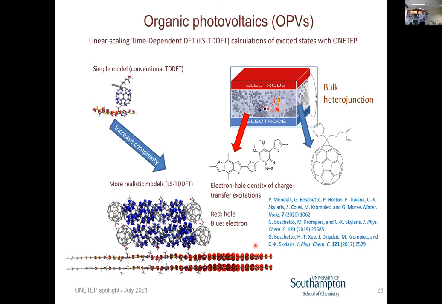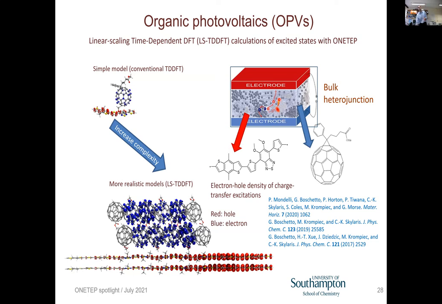And another application here is in organic photovoltaics. So these are time-dependent DFT calculations where we are able to use ONETEP to increase the complexity from simple models to much more realistic models and understand the excitation and charge transfer effects that happen in organic photovoltaics.